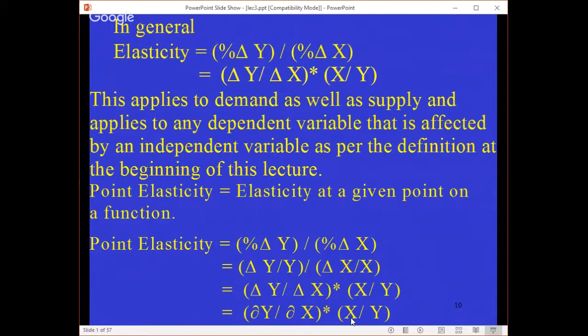And more importantly, when I get elasticity, you can calculate it in one of two ways depending on the information I give you. If I give you percentage changes, or numbers where you can calculate the percentage change, then go to the original formula. You say the percentage change in y over the percentage change in x.